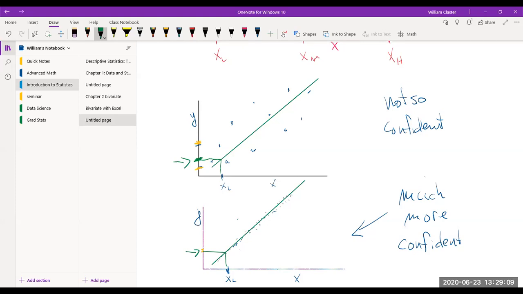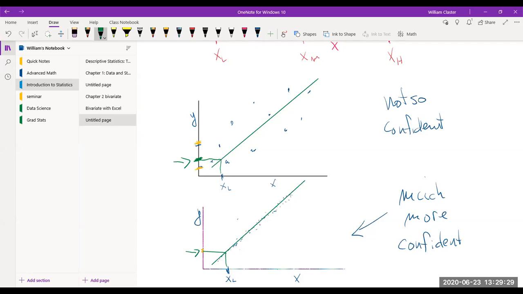So basically, what am I saying? I'm saying that here, the dots are kind of far away from this green line, right? As compared to this one. So in the top picture, the dots are sort of far away from the green line, whereas in the bottom picture, the dots are very close to the green line.